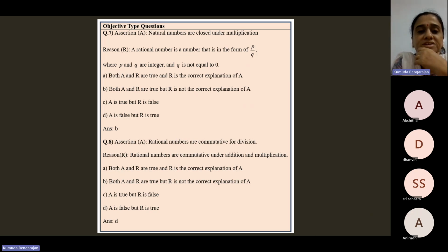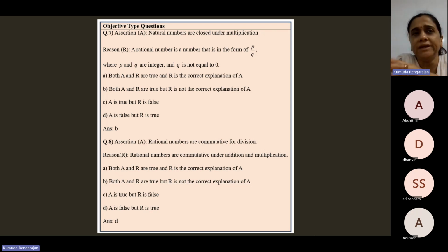So the assertion statement we have: natural numbers are closed under multiplication. That is, when you multiply two natural numbers, the answer is also a natural number. What are natural numbers? All counting numbers: 1, 2, 3, 4, 5, 6, 7, 8, 9, 10, and so on.